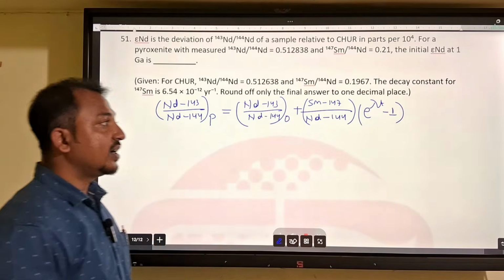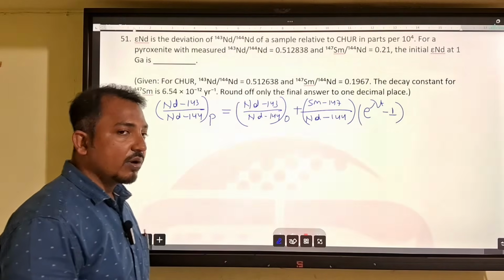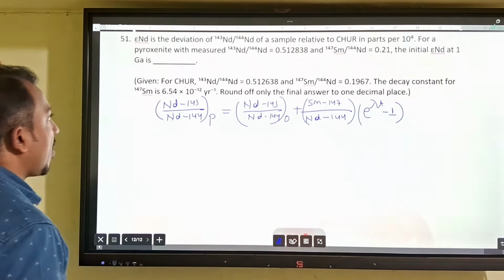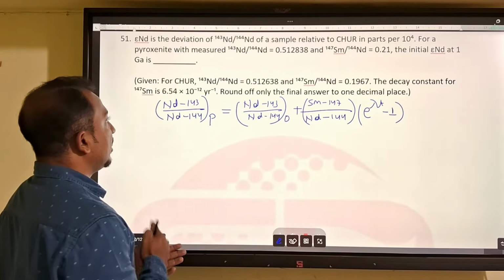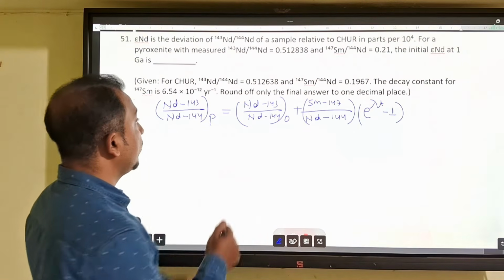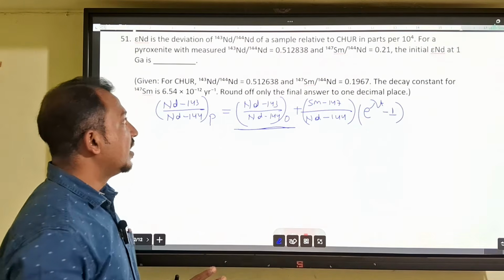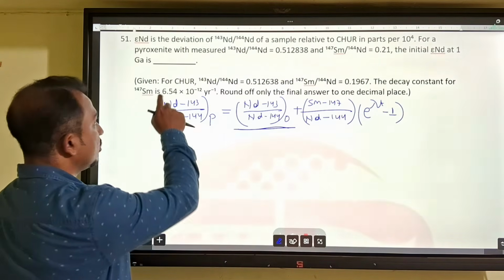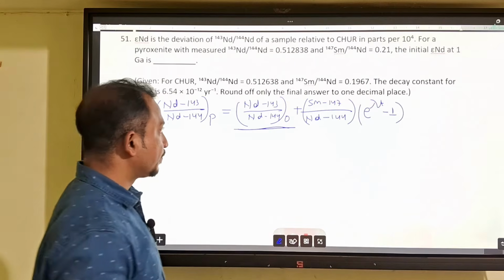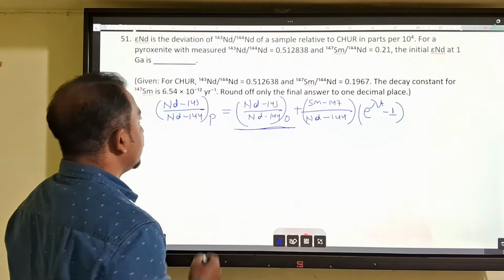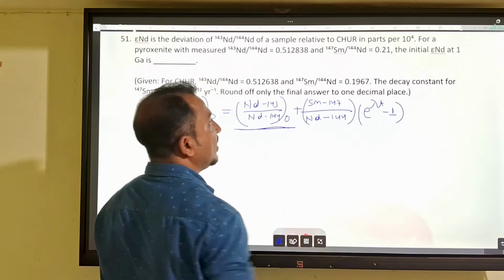Here we'll calculate the initial value both for pyroxenite, the sample, and for CHUR, the chondrite. And we'll take the age as 1 billion years.